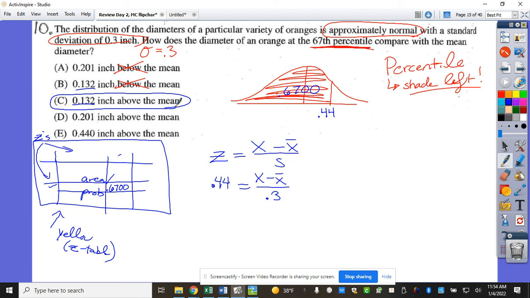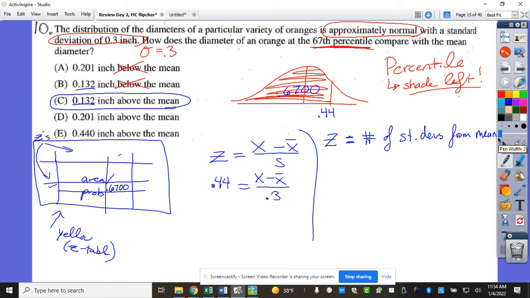If you didn't go to here with it, in words, what is a z-score? From what? We are 0.44 standard deviations above the mean.